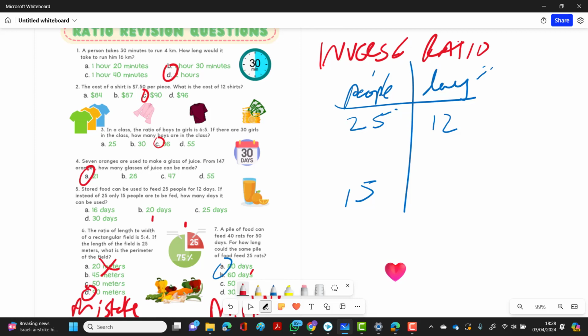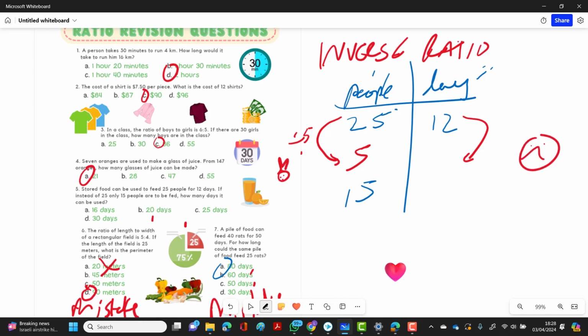Right, so let's do this. Here we want to go to 15, but we can't go to 15 directly, so we go to 5. To get there, we divide by 5. Here it's copycat, here it's naughty copycat, so do the opposite: times 5, which is 60.